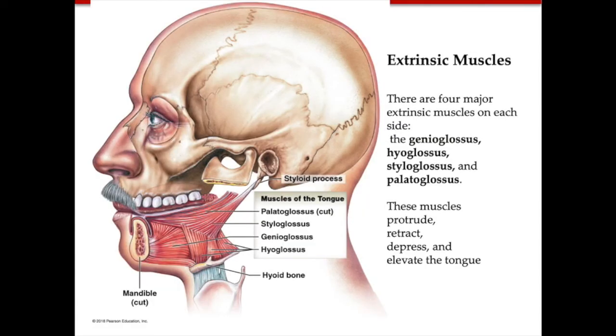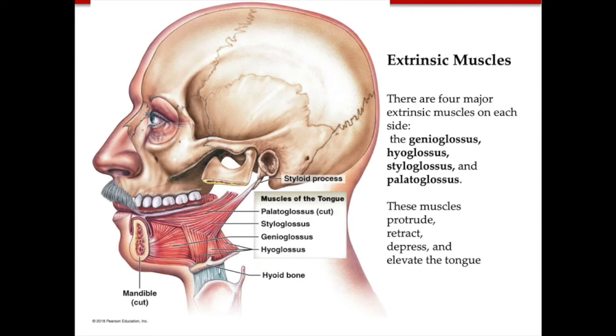To visualize the extrinsic muscles, they are making the tongue move out of attachments outside of the tongue itself, so they're extrinsic. So the palatoglossus go up to the palate, styloglossus go to the styloid process, genioglossus go to the mandible, and the hyoglossus go to the hyoid.